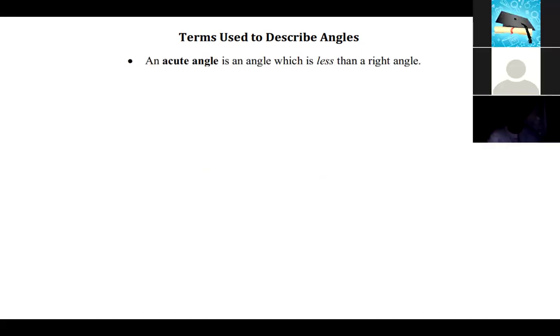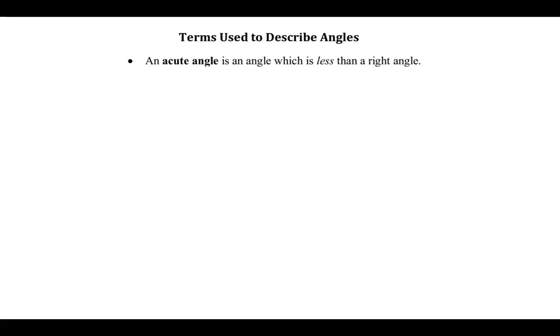The first thing I would like us to look at are the terms that we normally use whenever we are dealing with trig. Whenever we're dealing with trigonometry, there are terms, in other words angles, that we use. An acute angle is simply an angle that is less than the right angle.